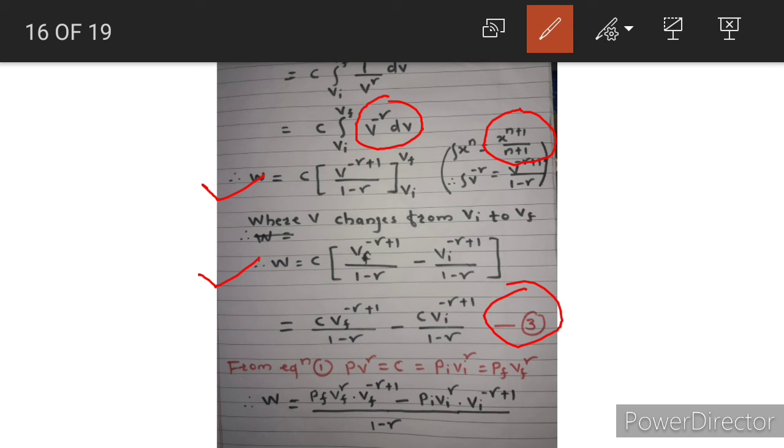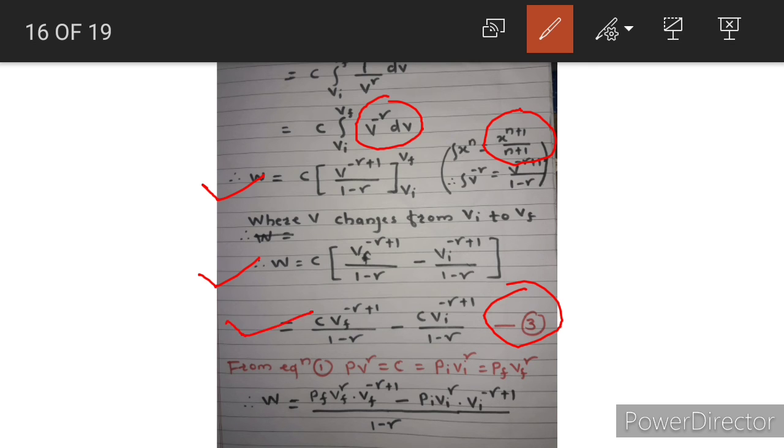From equation 1, what is equation number 1? Equation number 1 is PV raised to gamma is equal to C, or you can write it as Pi Vi, that is initial pressure and initial volume, raised to gamma, is equal to Pf Vf raised to gamma. Now substitute the value of C in this equation.